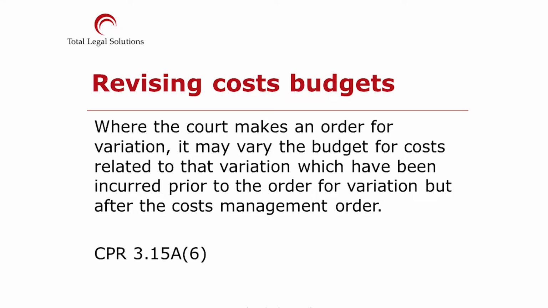Rule 3.15A(6) corrects an anomaly which arose out of the way in which courts were dealing with applications to revise budgets before these rules existed. There was a period where courts were refusing applications to revise budgets where the work which was the subject of the revision, or some of that work, had been done before the application was made.